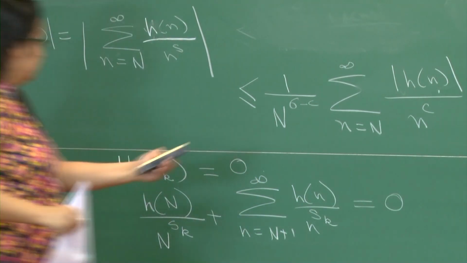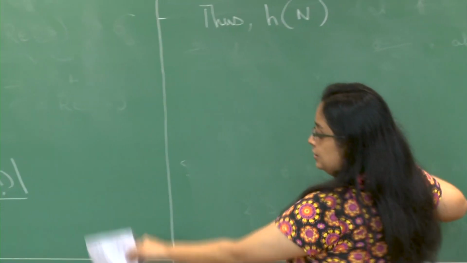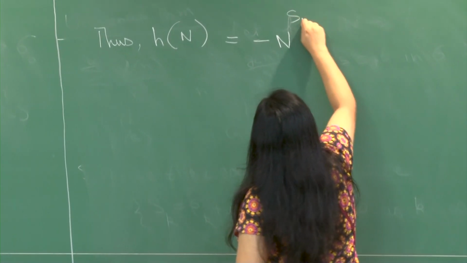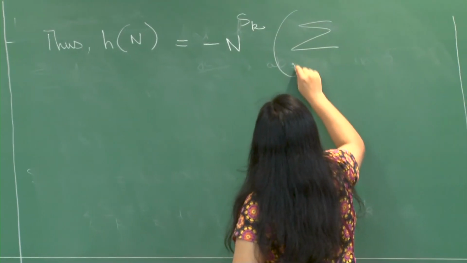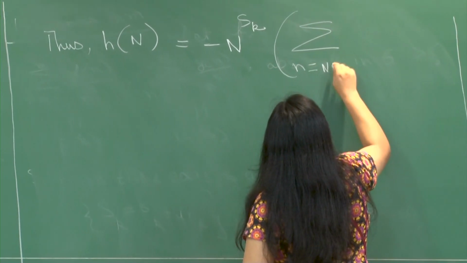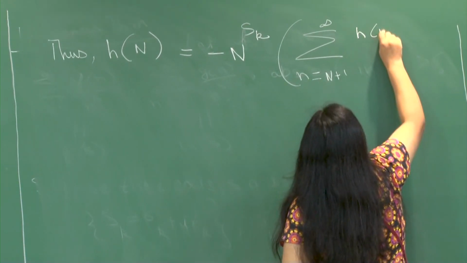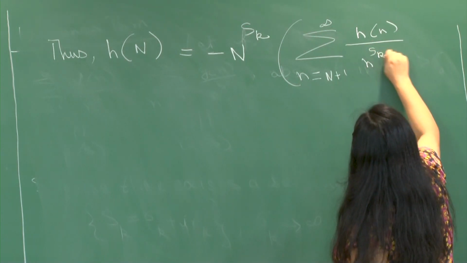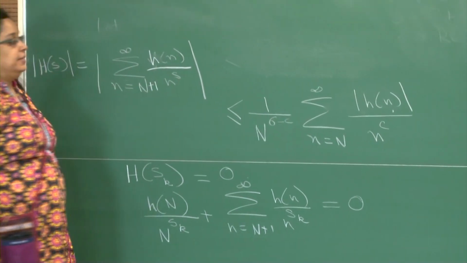And therefore, h of N can be written as minus N raised to the s sub k times the summation n going from N plus 1 to infinity of h of n over n raised to the s k. And now, this inequality here we can actually apply for capital N plus 1.